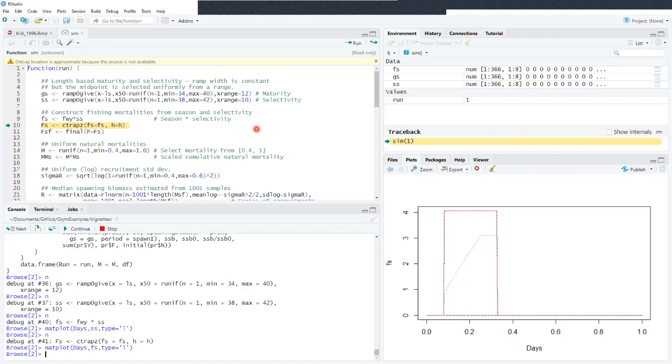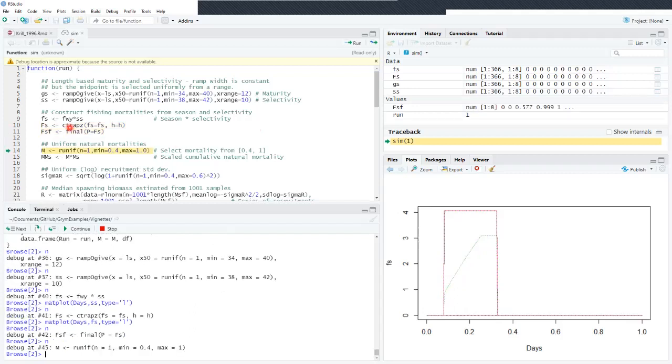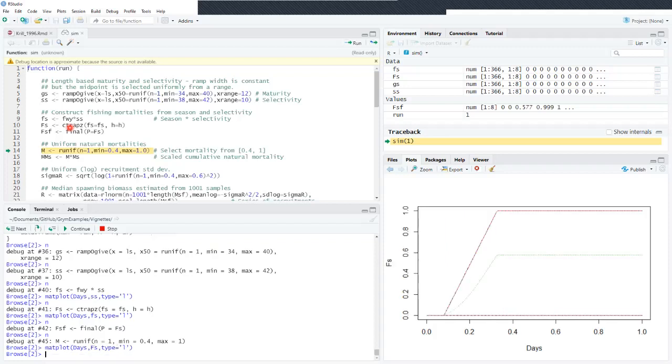So again, this capital F's is like the cumulative. So let's just plot that and see how that looks. So you kind of see here that for the one that wasn't fully selected, it sort of has this slow, almost quadratic growth.